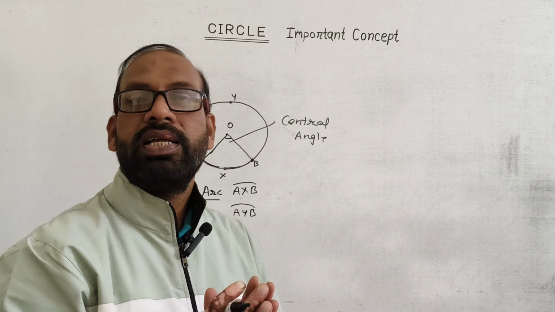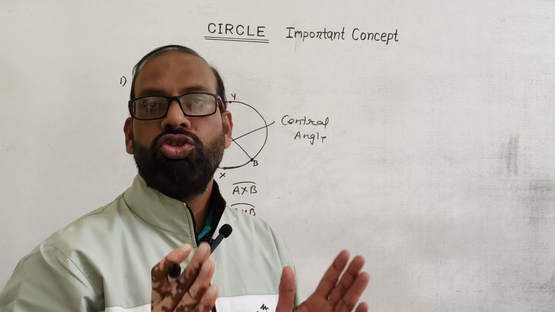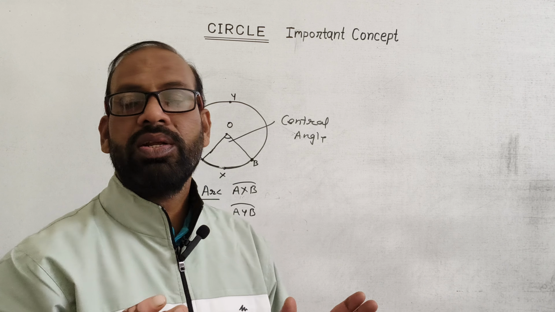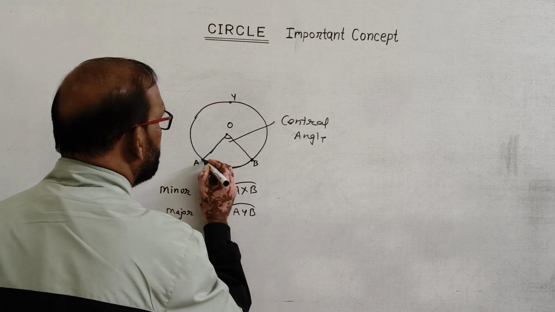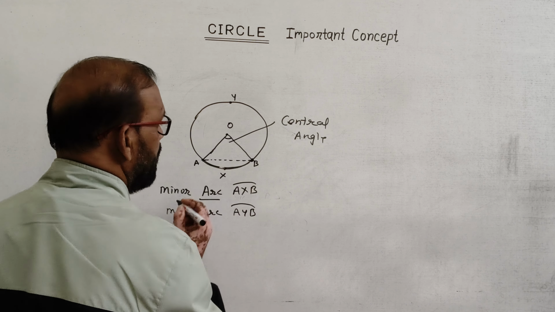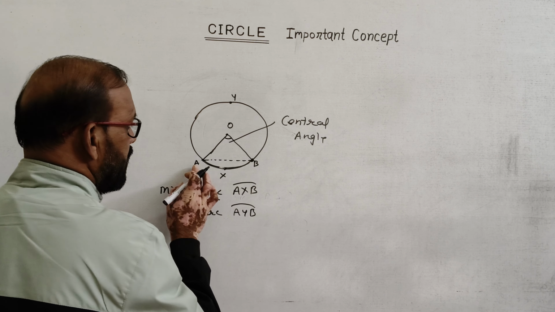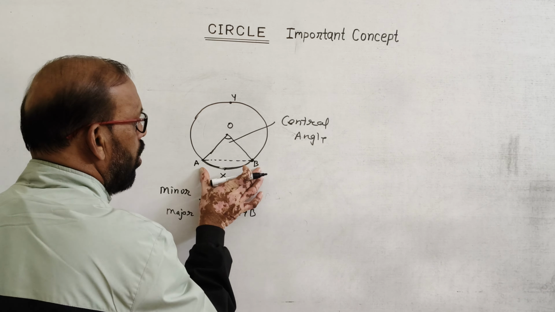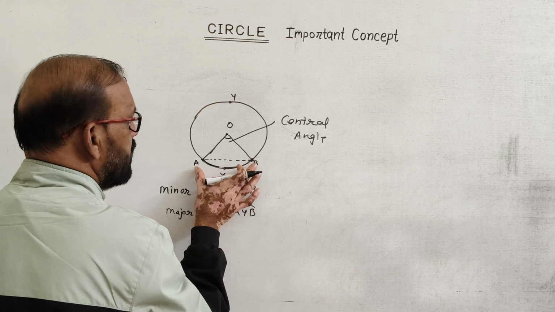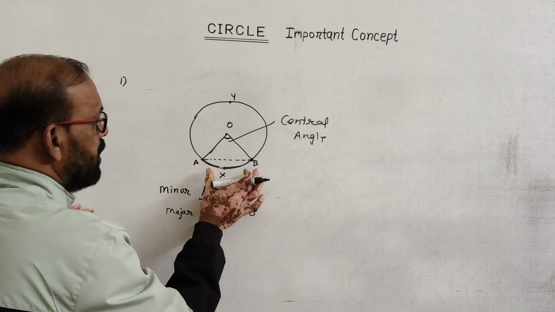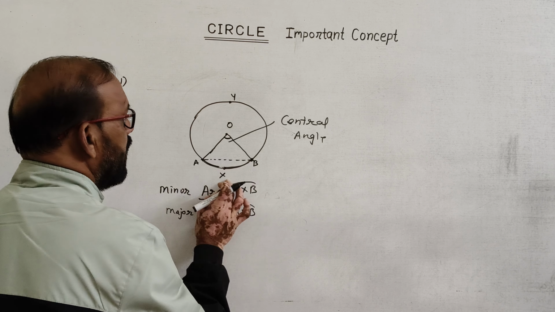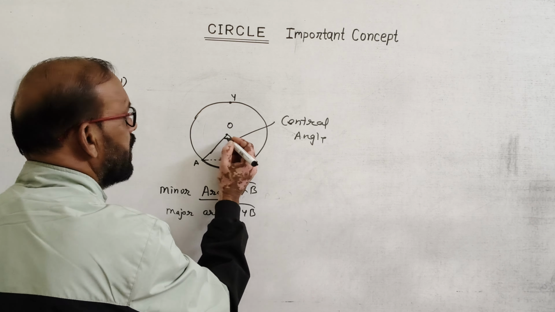Now, how is the central angle formed? It is formed either by joining the endpoints of the arc with the center, or, suppose this is a chord AB, and A and B are the endpoints of the chord, again if we join O with these endpoints of the chord, it forms the central angle. That's why the measure of this arc AB or AXB is said to be the measure of the central angle.